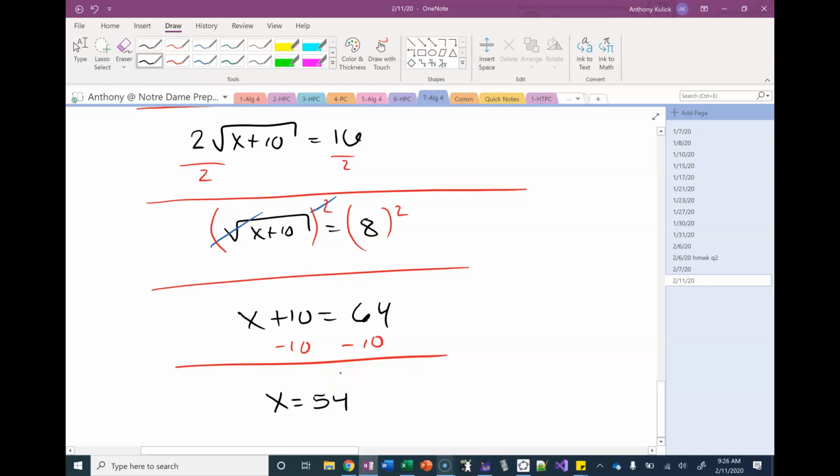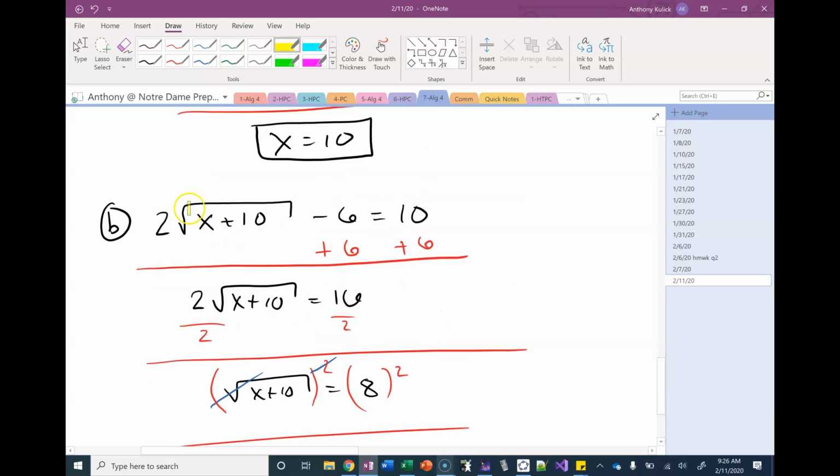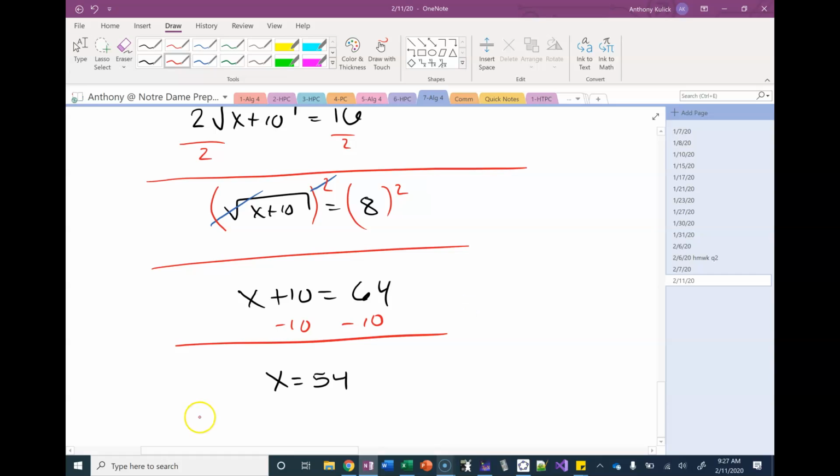Should I check this problem? Yes. Why should I check this problem? Yeah, the original problem is an even root. So 2 times the square root of 54 plus 10 minus 6 should equal 10.